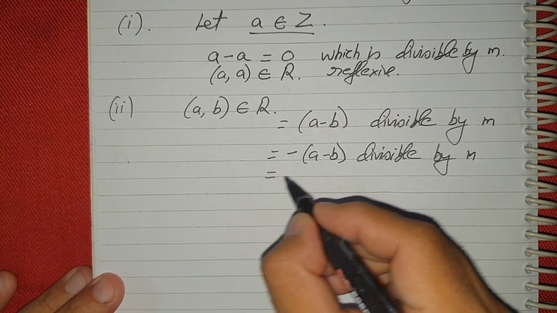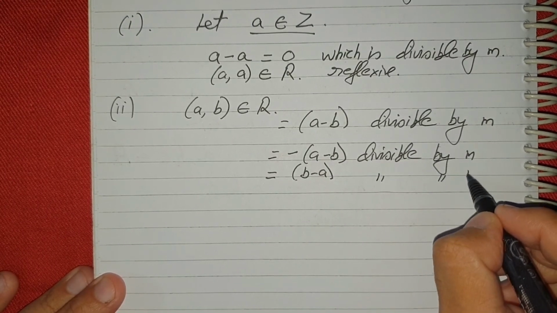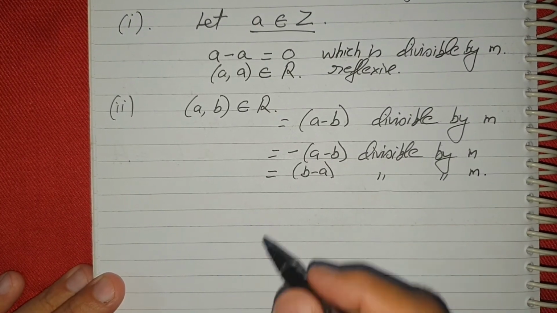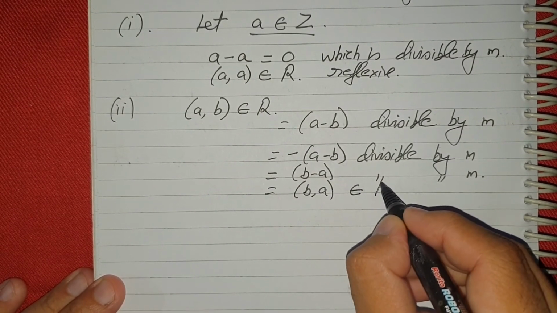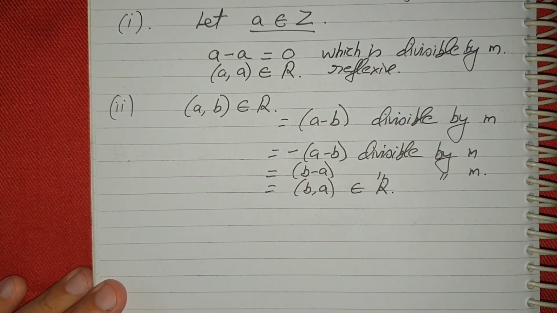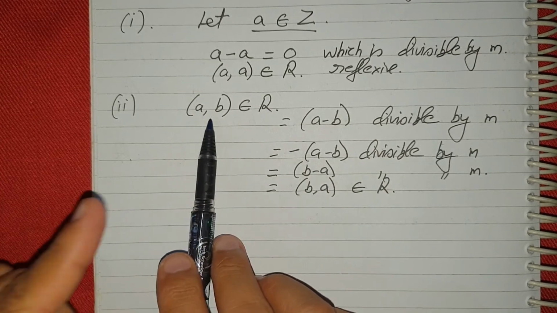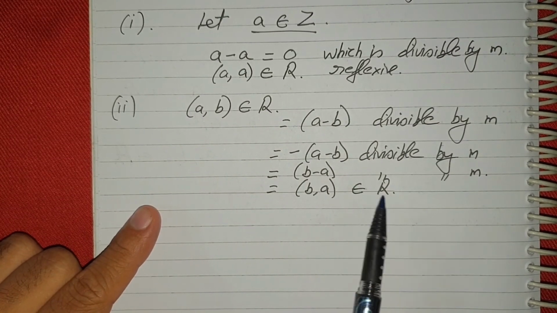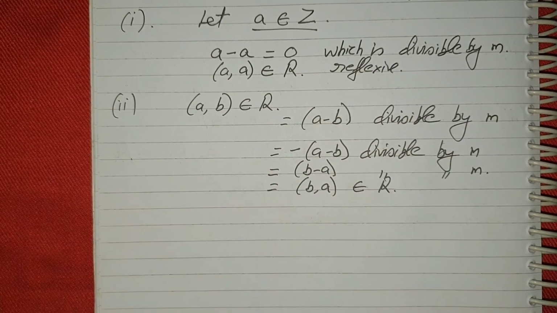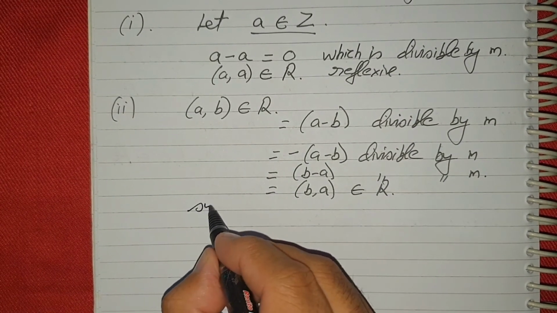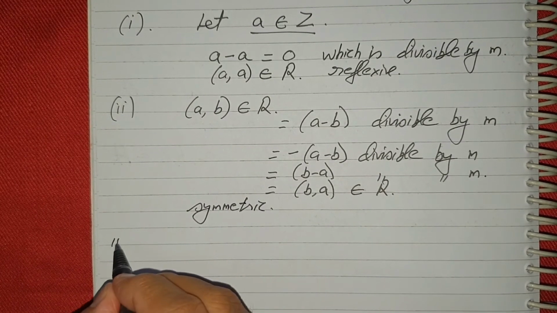Or we can write this as B minus A, which is again divisible by m. So this implies (B, A) belongs to the relation. That means A is related to B implies B is related to A. Proof. So this is a symmetric relation.